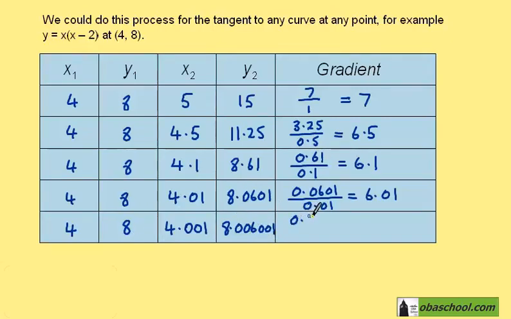The gradient then is 0.006001 divided by 0.001, which is 6.001. So we can see that this gradient is approaching 6 and would use that as an estimate of the gradient of the tangent at that point.